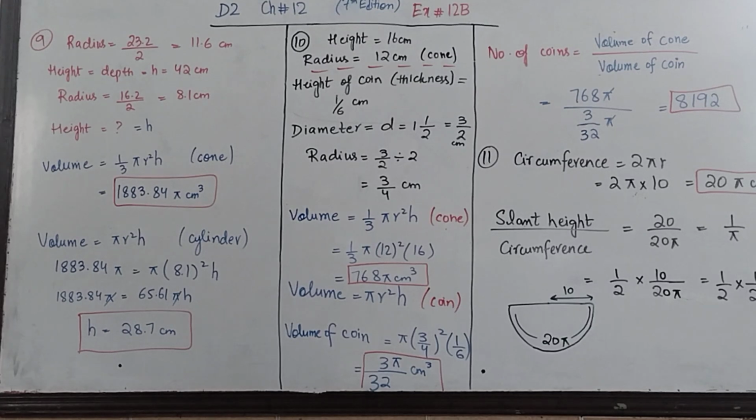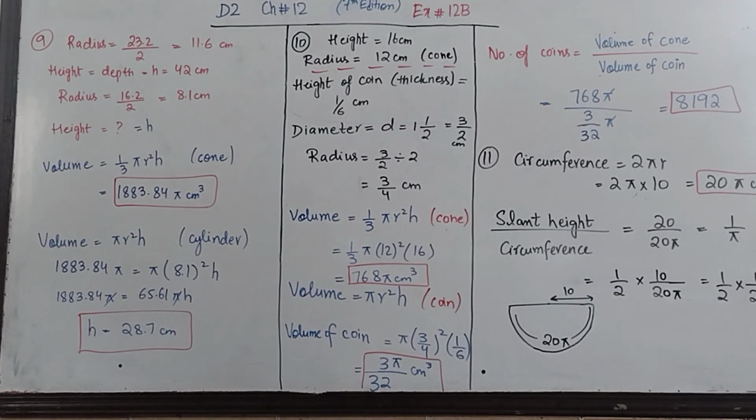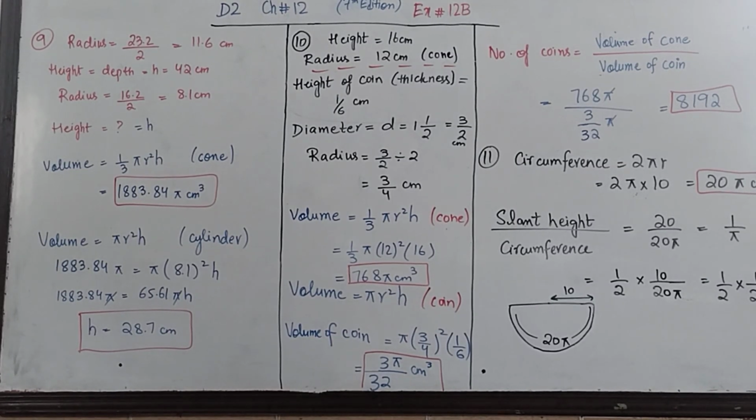Next is your question number 11. An open cone has a circular base of radius 10 cm and a slant height of 20 cm. Draw the net of the cone and label its dimensions. Here you have an open cone having a circular base of radius 10 cm and slant height 20 cm.